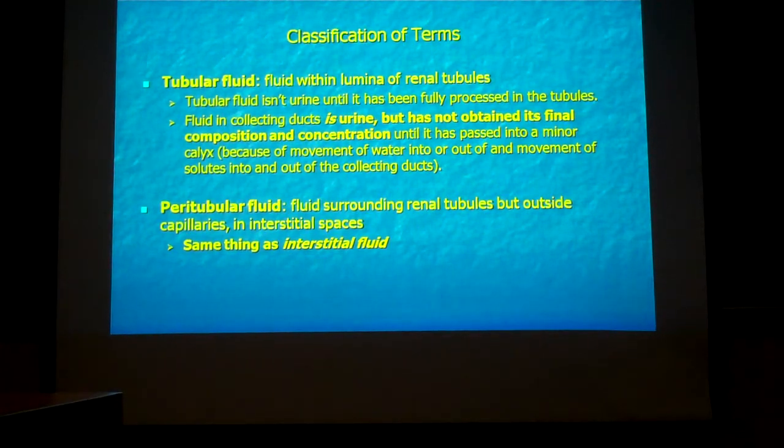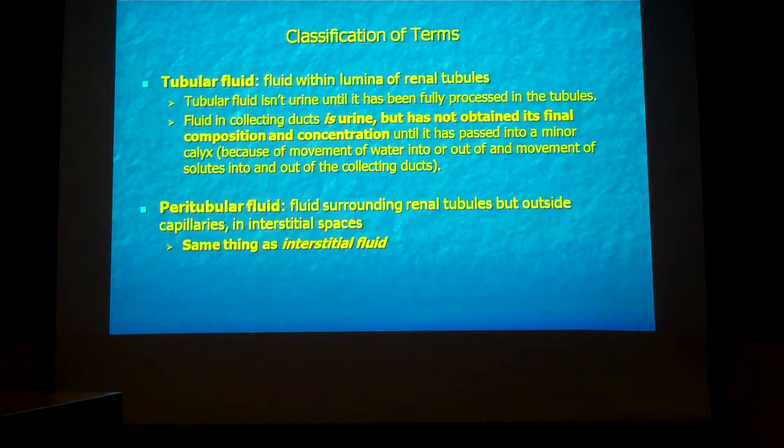At that point, we can call it urine, but it's still not going to necessarily have the same concentration and composition as what shows up in the bladder, because on its way down the collecting duct, more water can be taken out, and various things can be secreted into it, various other things can be reabsorbed from it.